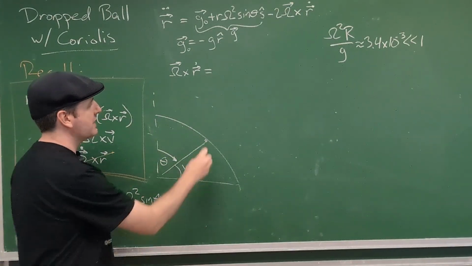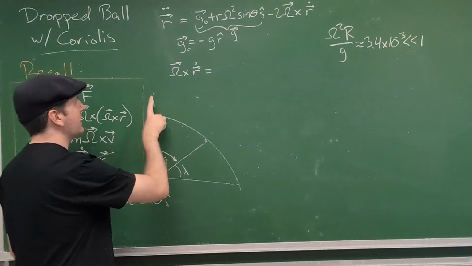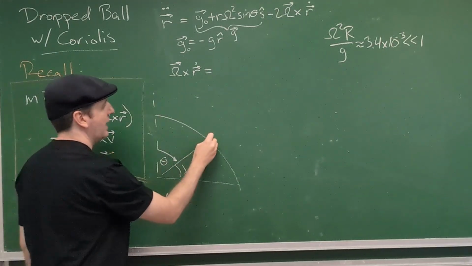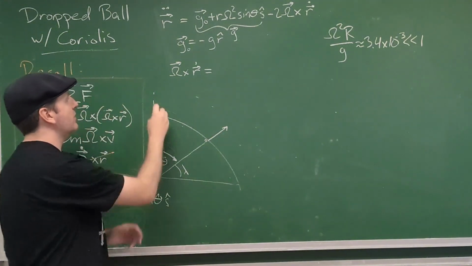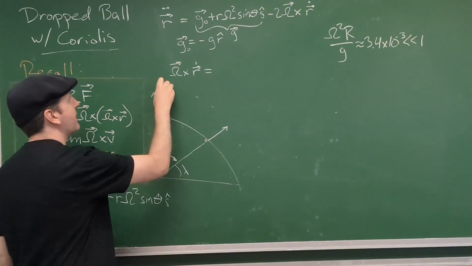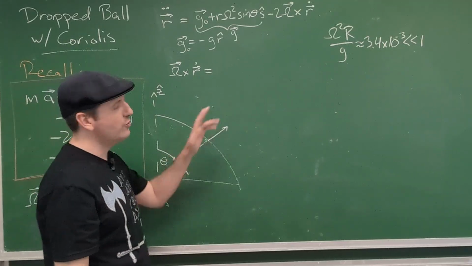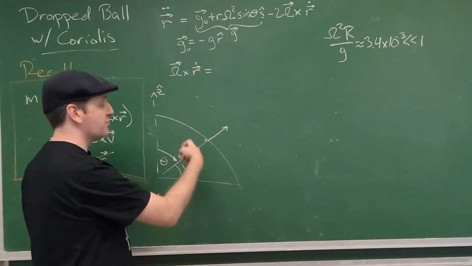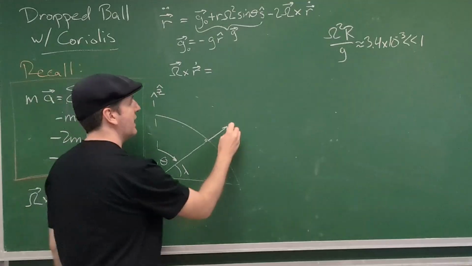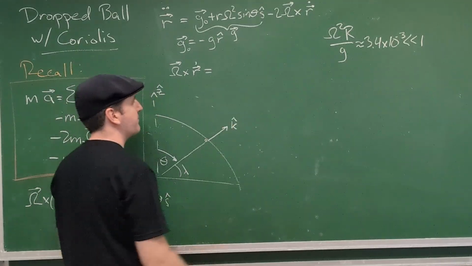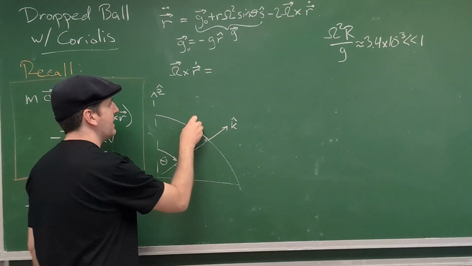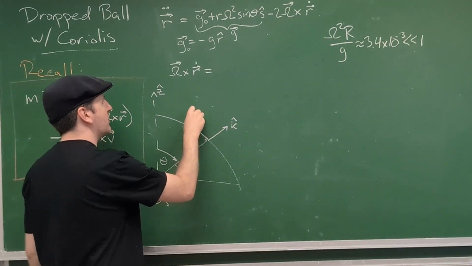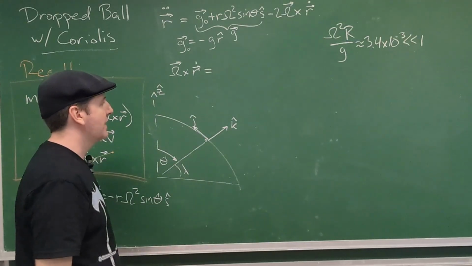But anyway, let's say we're here, and instead of calling this the z direction now, I'm going to call this k hat, just so we don't confuse z with our new normal direction, which previously we've been calling r hat. Then I'm going to define a northward pointing vector, j hat.